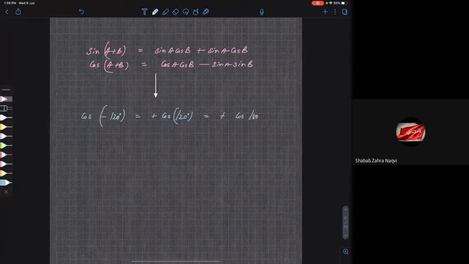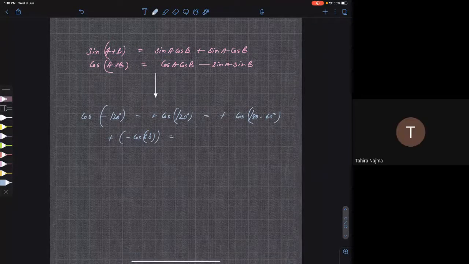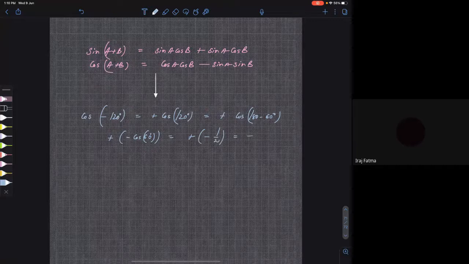Cos of 180 minus 60, which is minus cos 60. Why minus cos 60? Because 120 degrees lies in the second quadrant. Minus 120 lies in third quadrant, but 120 lies in second quadrant. So it is plus into minus 1 by 2, which is equal to minus 1 by 2. Are you getting my point?